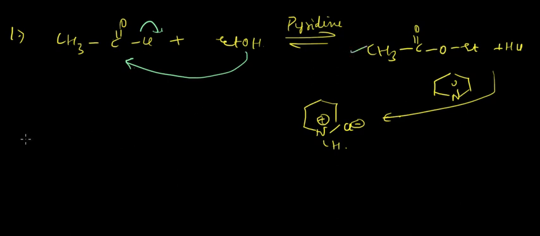So why do we exactly use pyridine? Pyridine is used to neutralize the HCl formed in the reaction. What if you don't use pyridine? There is an alcohol on the left-hand side and HCl on the right-hand side, and HCl is obviously a stronger acid than EtOH.